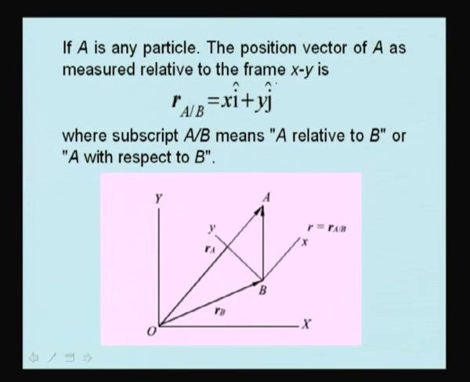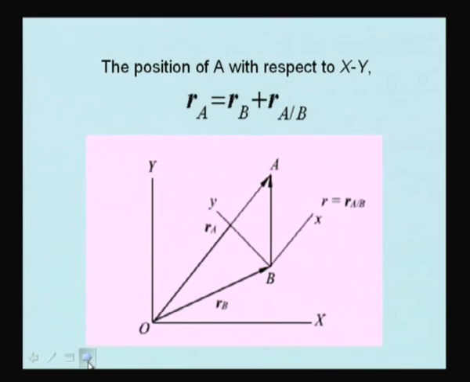However, it is known that if the axes are parallel to each other, if small x is parallel to capital X and small y is parallel to capital Y, in that case capital I hat will be equal to small i hat. In this case, we have expressed it as x i hat plus y j hat.